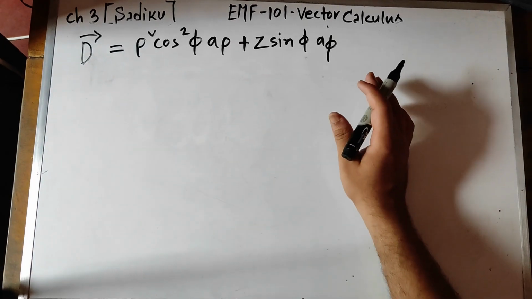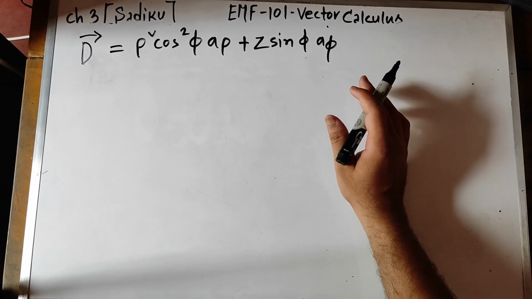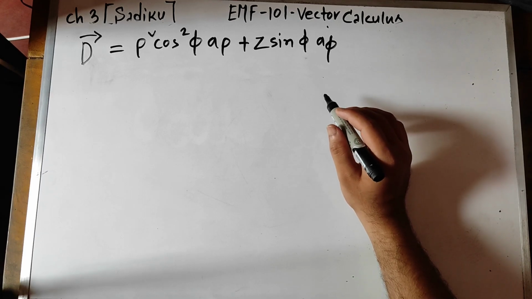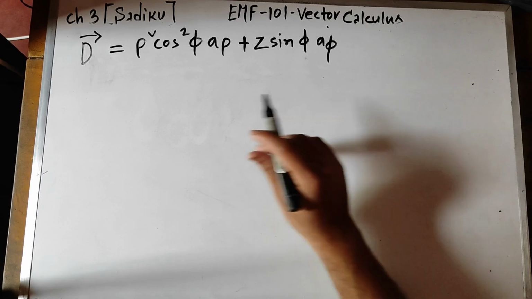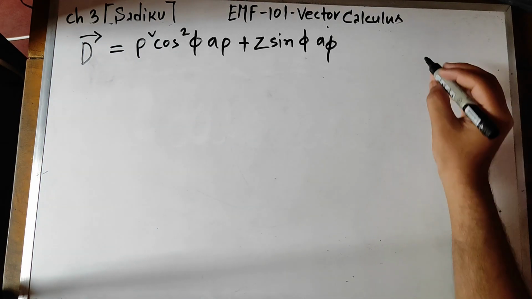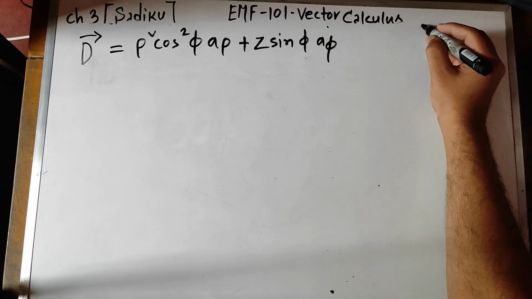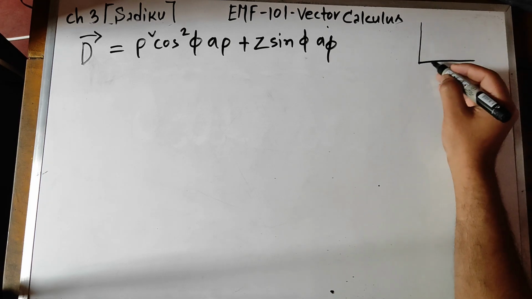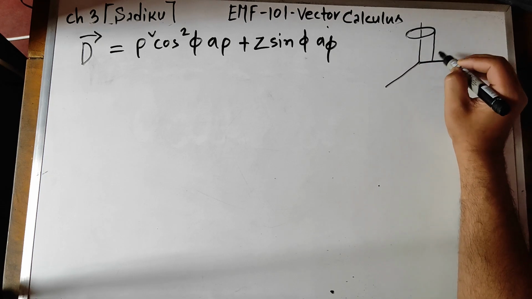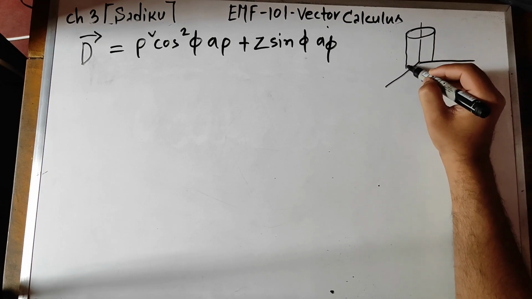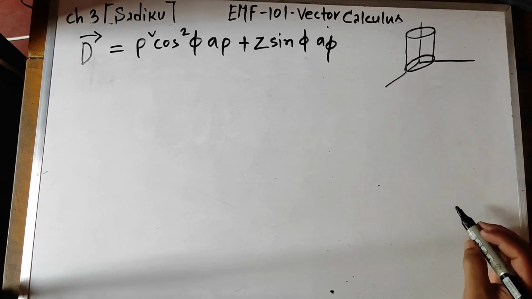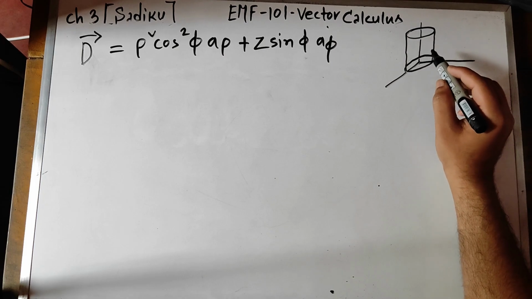So this is the given vector field, and we have to find the flux of this field over a closed cylindrical surface. So say this is our cylindrical surface.